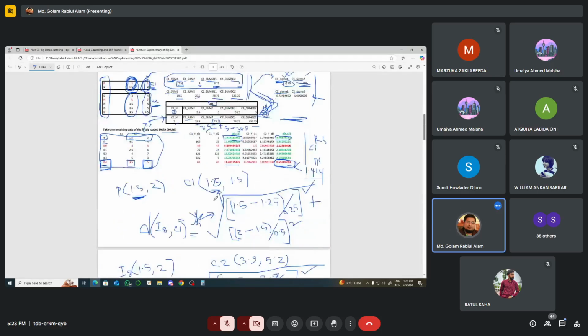Similarly, we have to update the sum of squared elements for the first dimension and for the second dimension also. In this case, you will get the sum of squared value, this one, plus 3.5 whole square.